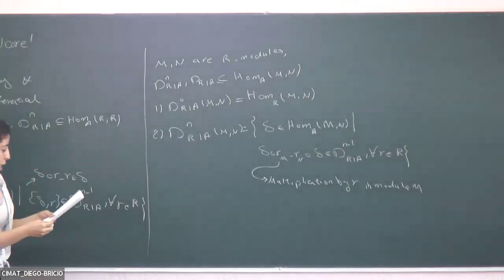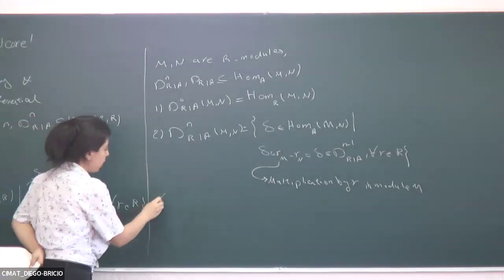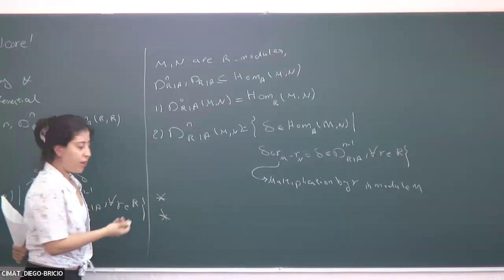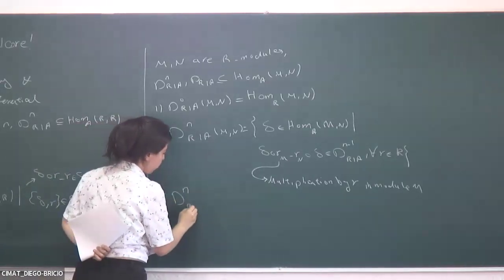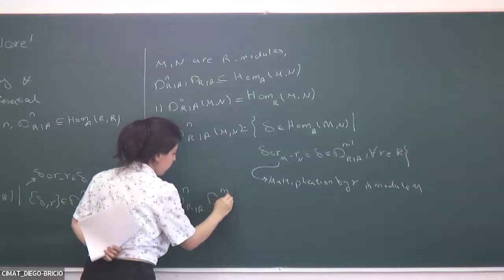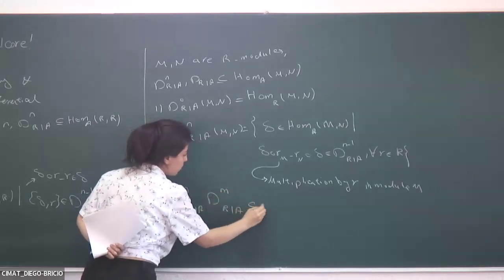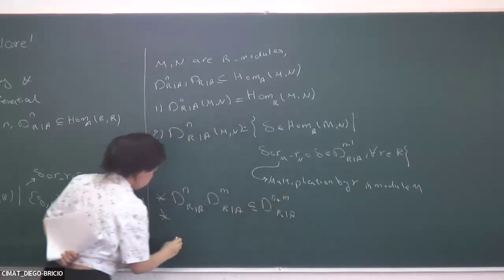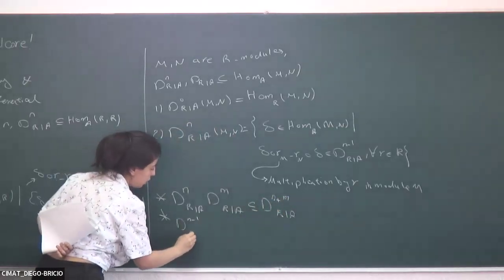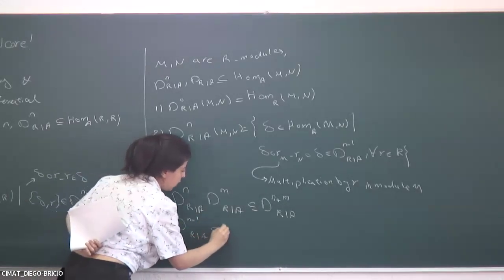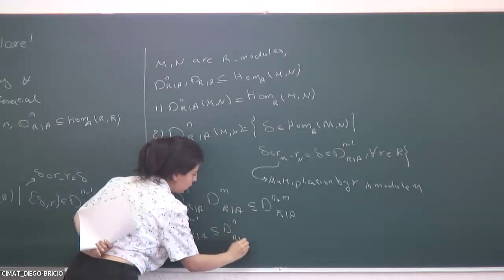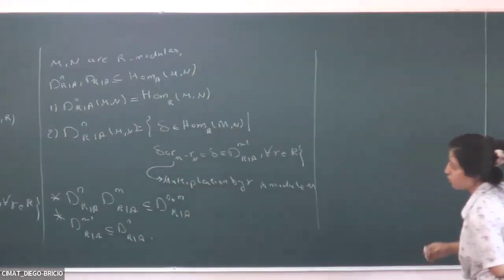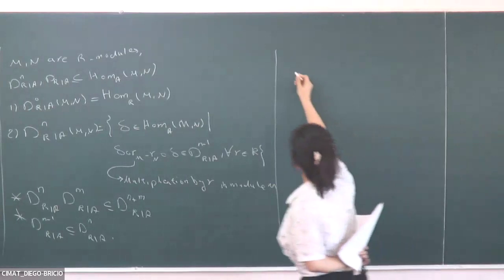There are some interesting properties here, as Pedro said the other day. D^n is a subset of D^{n+1}, and D^{n-1} is a subset of D^n. But before I go through the other parts, maybe I should give an example.